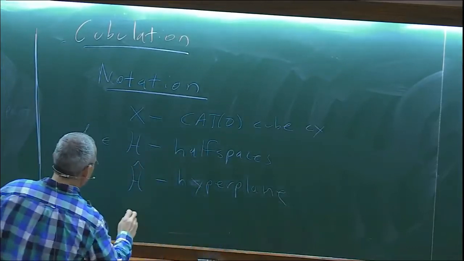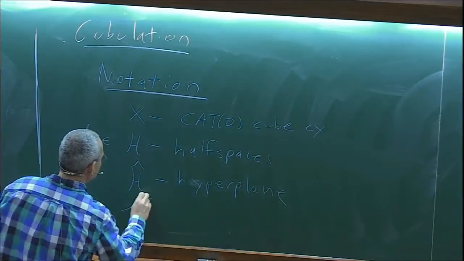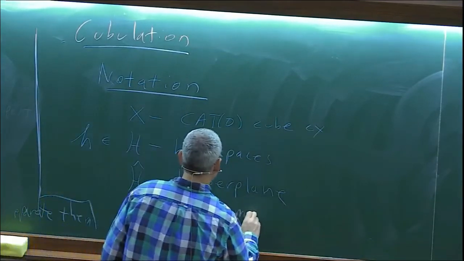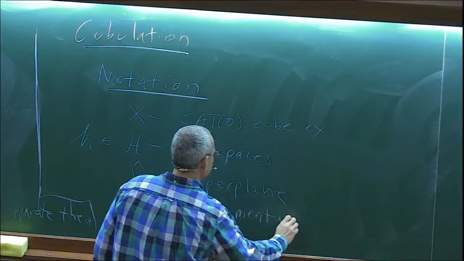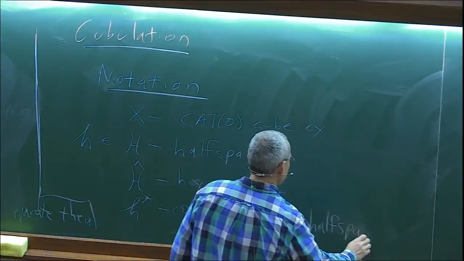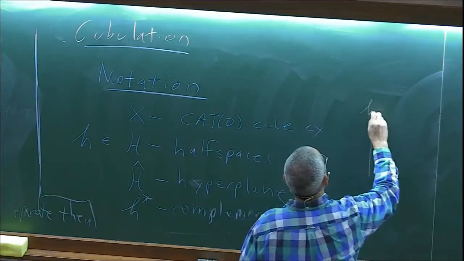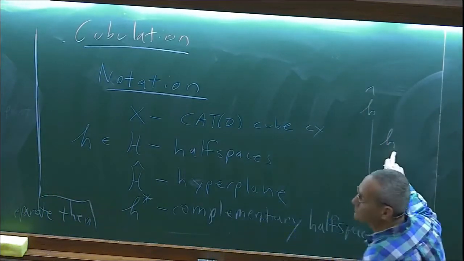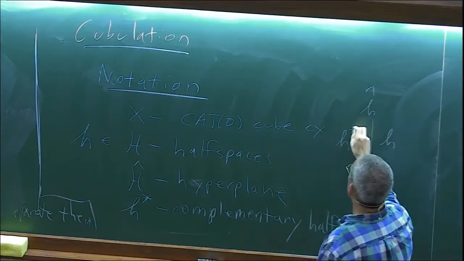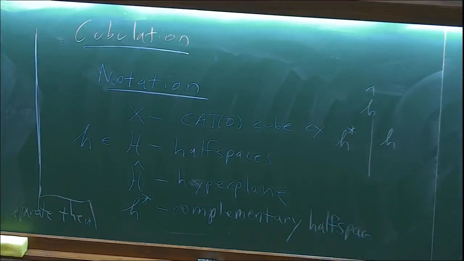And then I'll write h star for the complementary half space. So when I write h, I mean a half space where I've chosen a side, and then there's h star, which is the other.